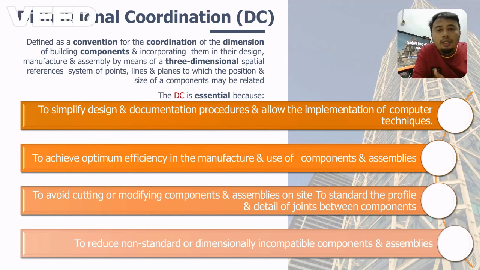Only a few sections cannot be changed as they are required by the design. So maybe some components need to be non-standard, but most of the components will be standardized. So this allows much faster construction.